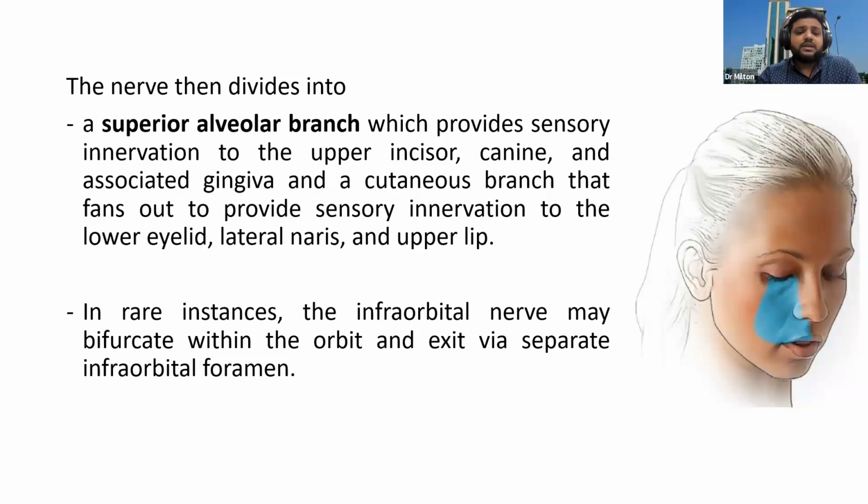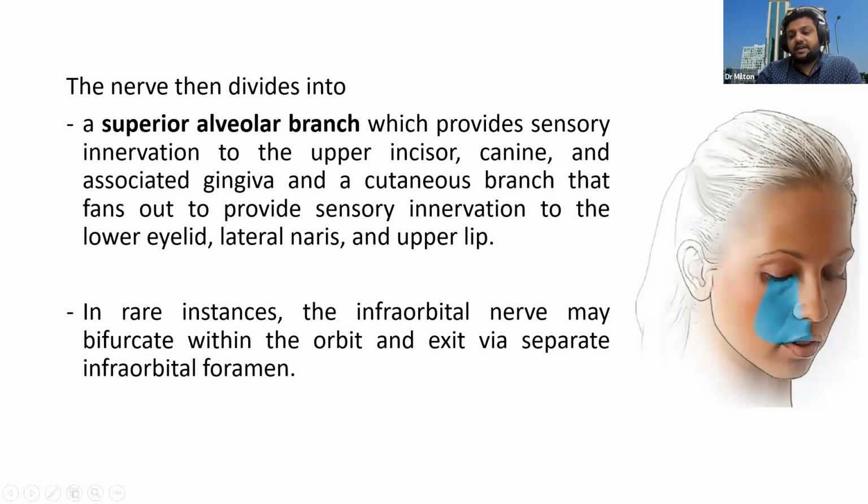Mostly the superior alveolar branch gives a lot of sensory supply, like to the upper incisor teeth, canine teeth, and the gingiva. The cutaneous branch fans out the sensory innervation of the lower eyelid, the lateral nares, and the upper lip.